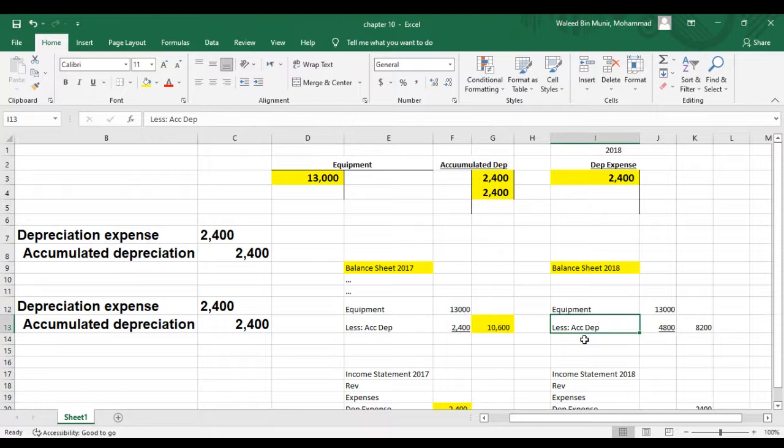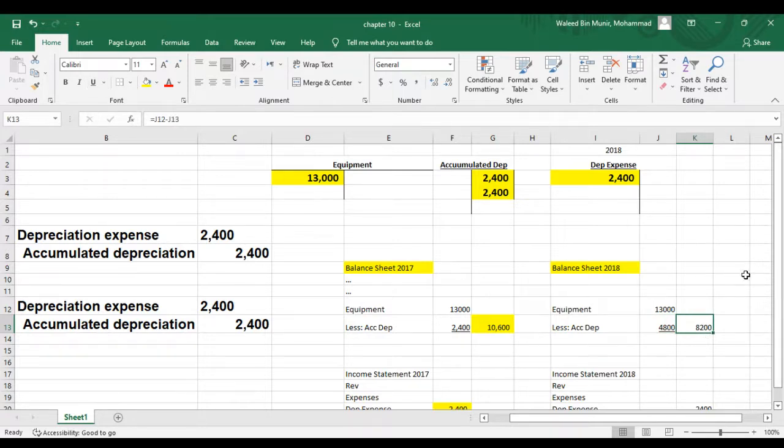This is the reason we call accumulated depreciation a contra asset account, because it reduces the value of equipment. So any user can see that this equipment was purchased for 13,000, but total depreciation for the past 2 years, because this is accumulated, now the value of the asset is this one.